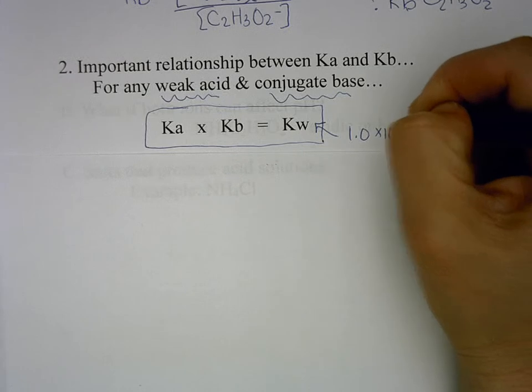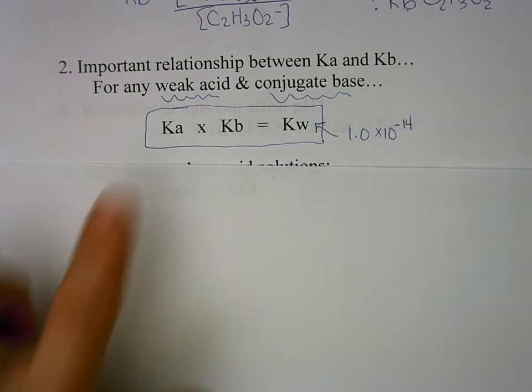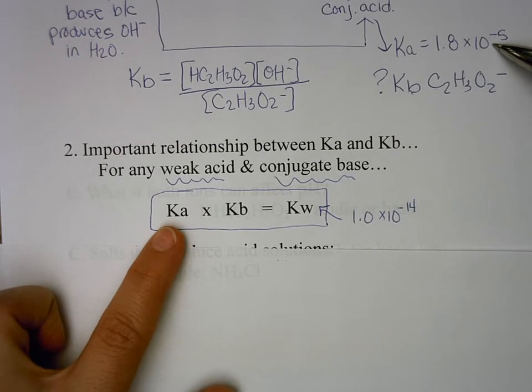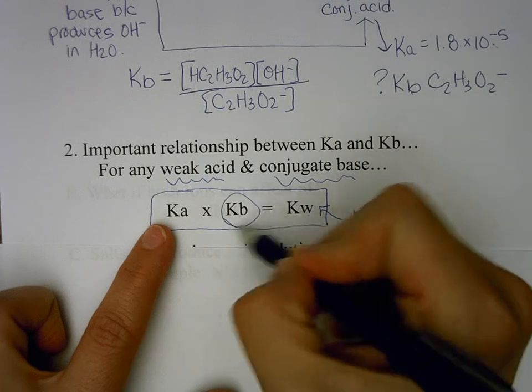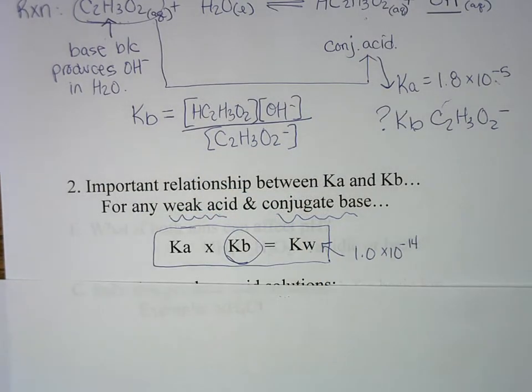Negative 14. So if I know the Ka value of my conjugate acid to be 1.8 times 10 to the negative 5, and I know Kw, I can figure out Kb for the acetate ion. So we can go through and use that to solve for x and calculate pH and all of those things.